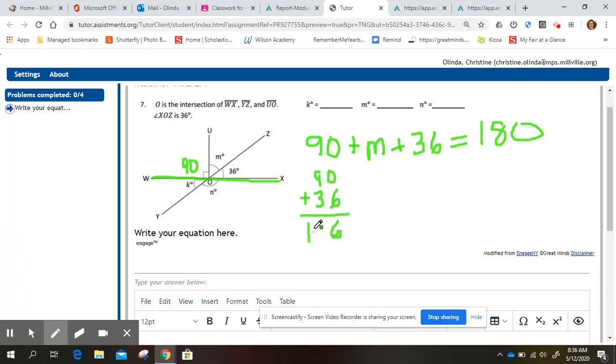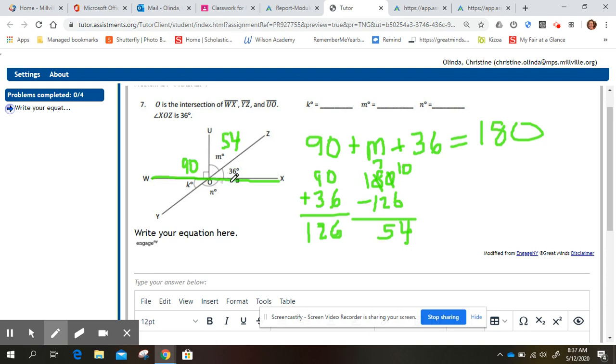Nine plus 3 is 12. But then I'll have to subtract from 180. 0 take away 6 I can't do. 10 take away 6 is 4. 7 take away 2 is 5. And so M would have to be 54 degrees.